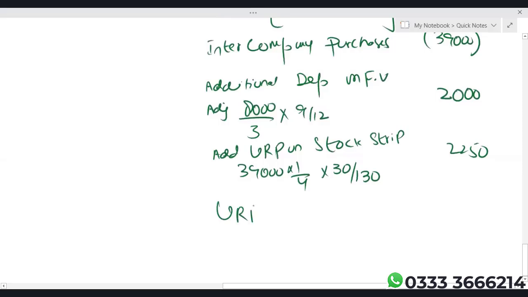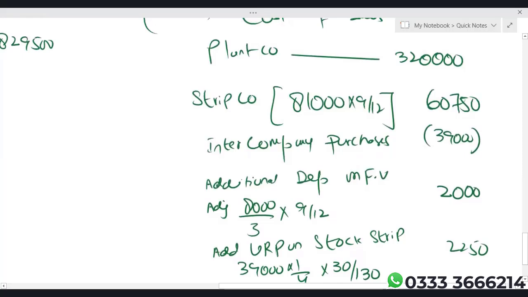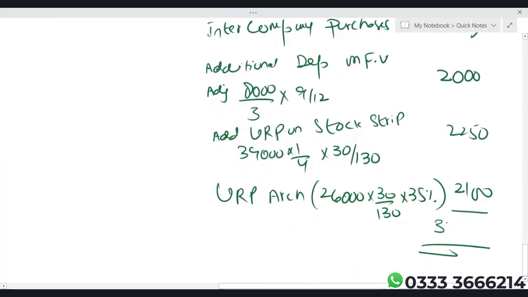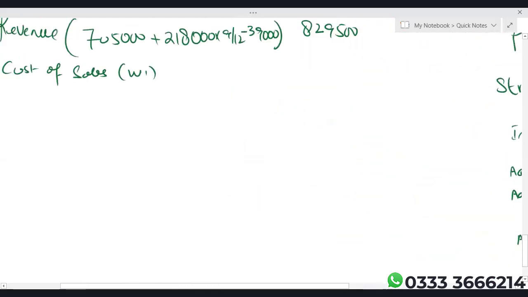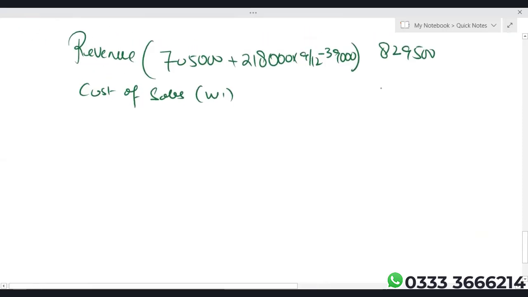So unrealized profit, ARC, 26,000, 30 upon 130, but parent's holding is 35%. So if you take 3,20,000 plus 60,750 minus 39,000 and all other adjustments, I'm getting cost of sale 3,48,100. So the cost of sale is 3,48,100. Here comes your gross profit.